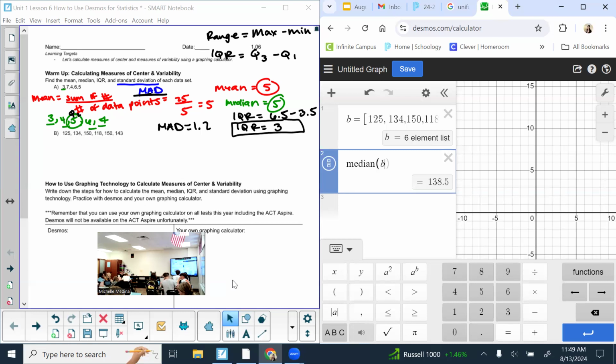Table 9, can you confirm the IQR for me? Or can you tell me what any of the quartiles are?